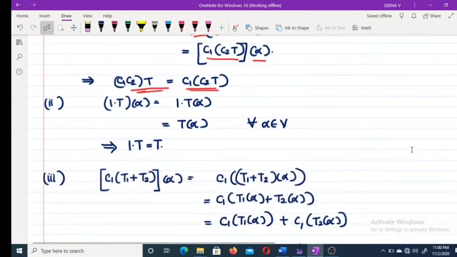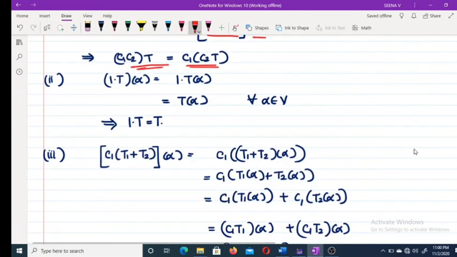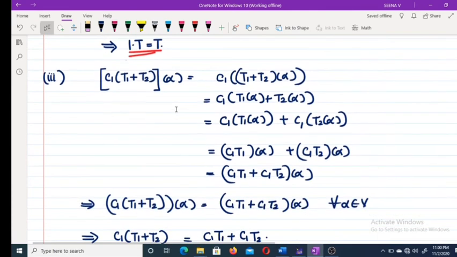Now moving to the second property, 1 into T equals T. (1 T)(alpha) equals 1 into T(alpha), and 1 into T(alpha) is T(alpha). Thus we get (1 T)(alpha) equal to T(alpha) for every alpha belongs to V. This implies 1 into T equals T. Now moving to the third property, (c1(T1 + T2))(alpha) equals c1 into (T1 + T2)(alpha), which is equal to c1 into (T1(alpha) + T2(alpha)). Applying distributivity inside, this is equal to c1 T1(alpha) + c1 T2(alpha).